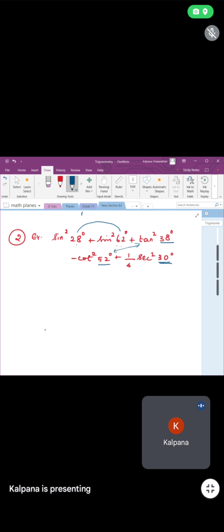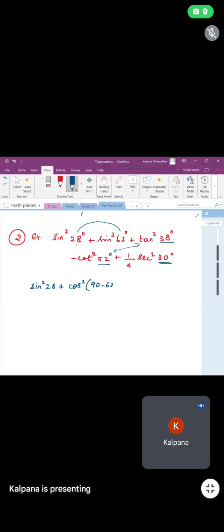Now let us do the sum. From the first two terms we can convert any one of them. So first we can write sine square 28 plus, how do I write sine square 62? Sine theta is cos 90 minus theta, so cos square 90 minus 62. Very good.